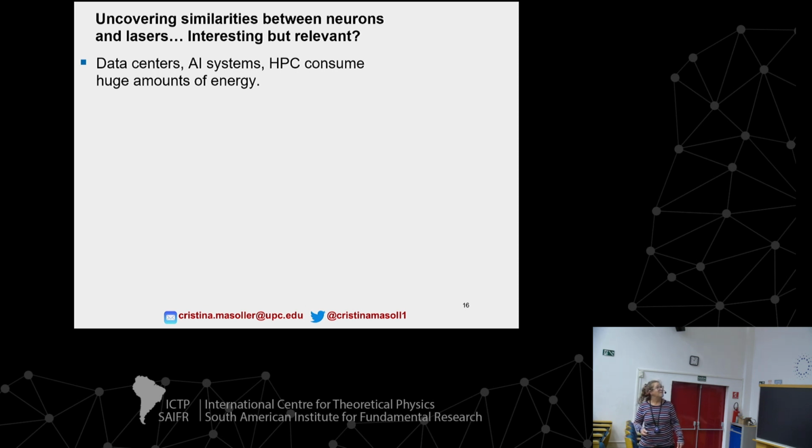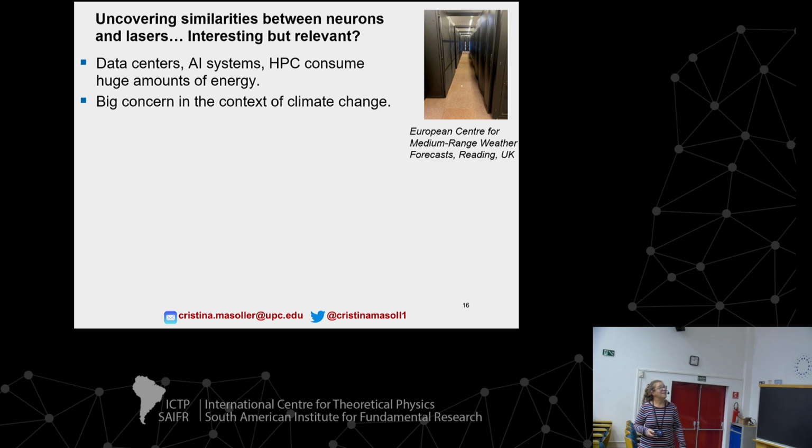Nowadays, we are worried because these artificial intelligence systems, high-performance computing systems, consume a huge amount of power. This is a problem in the context of climate change. This data center of the European Center of Medium-Range Weather Forecasts consumes the same as a town, okay?